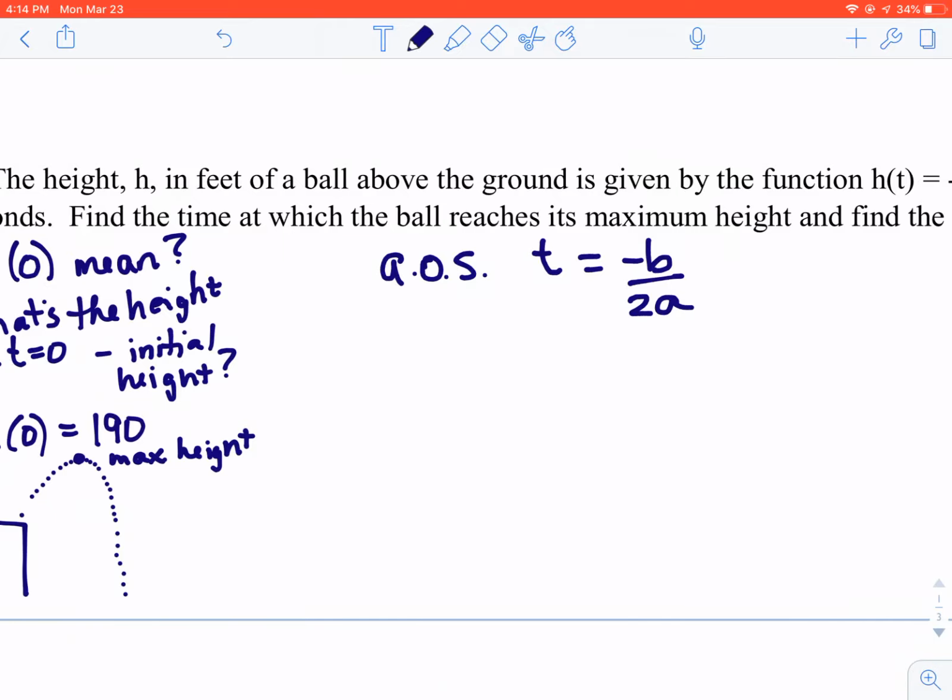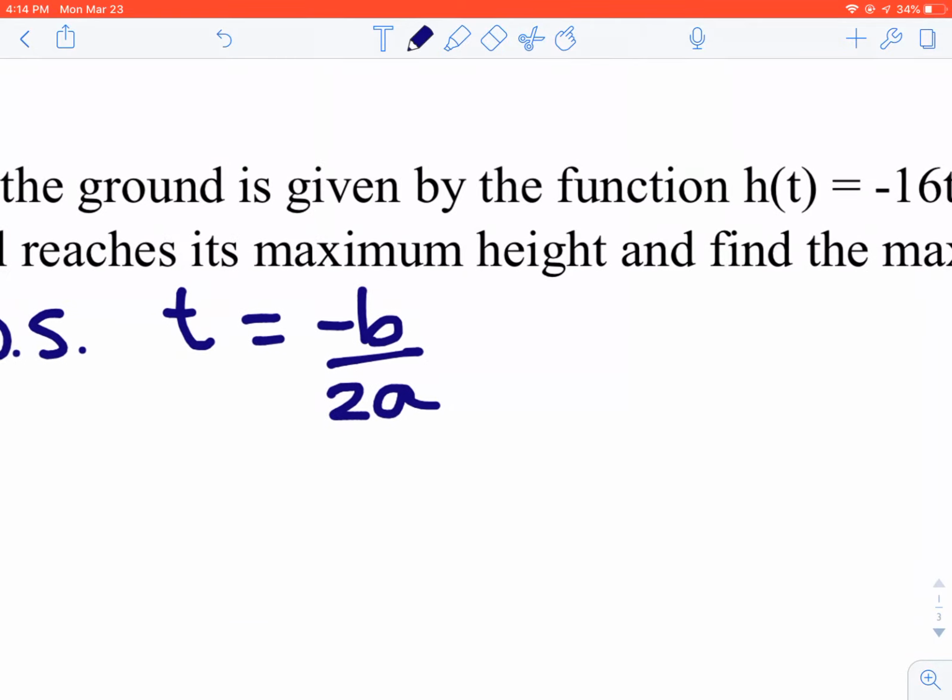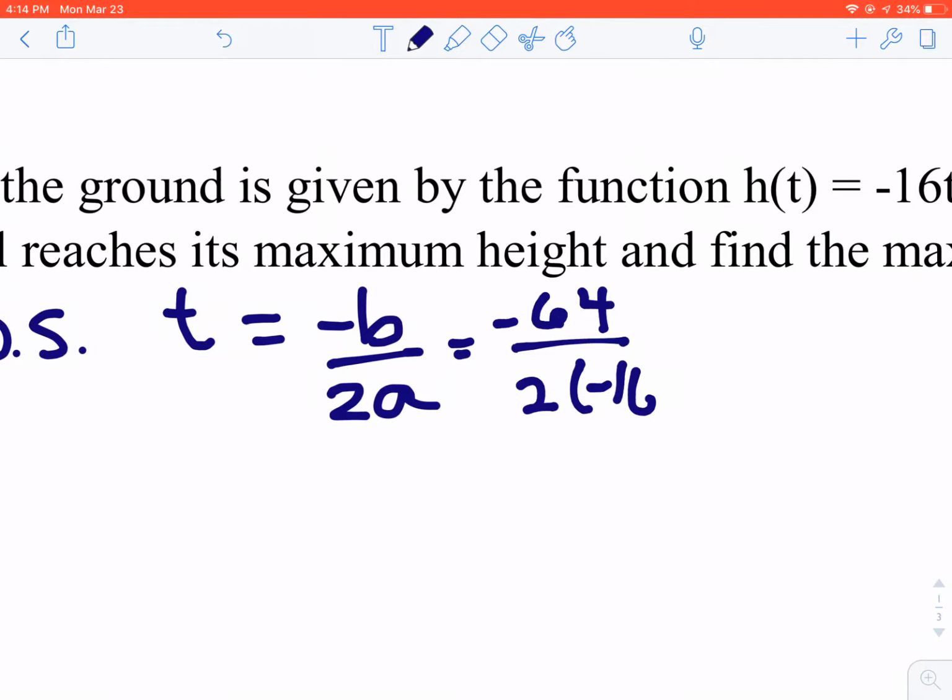That'll be the time when it reaches its maximum height. So I have negative 64 divided by 2 times negative 16. If I do that, I get t equals 2 seconds. So it takes 2 seconds for the ball to reach its maximum height.